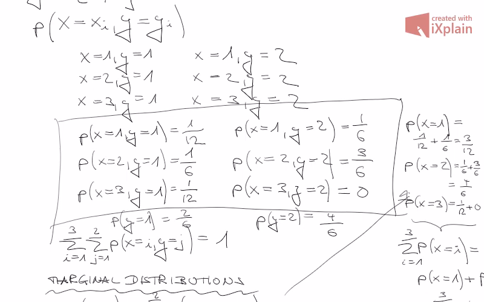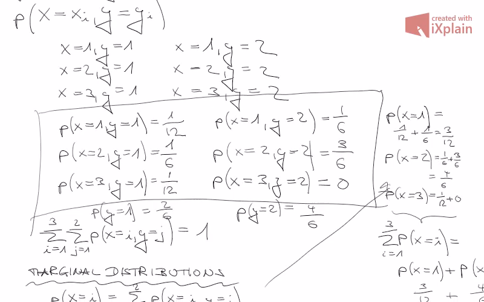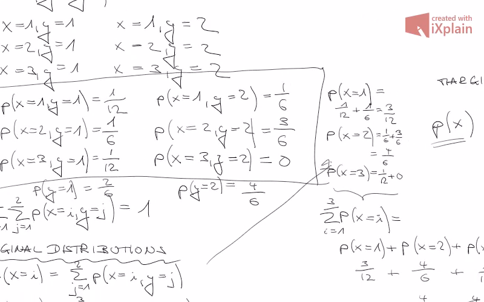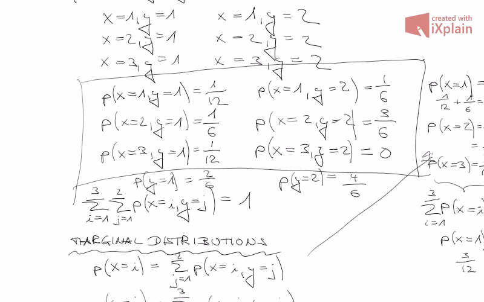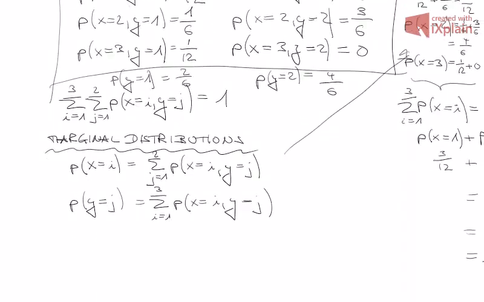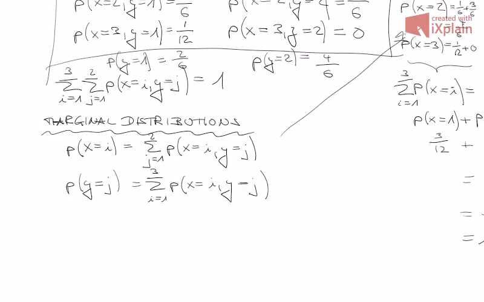If this is the case, then if you sum the probabilities over columns, as we did for the marginal for x, or you sum over the rows as we did for the marginal of y, then the things that you get out of it are again probability distributions. Yeah. Okay, I think I stop here for today.